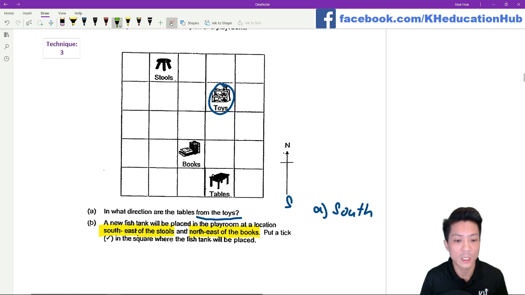The stools' southeast is in this direction, so I'm going to draw an arrow pointing to the southeast direction. And northeast of the books, northeast will be in this direction, which means that the position will be here.